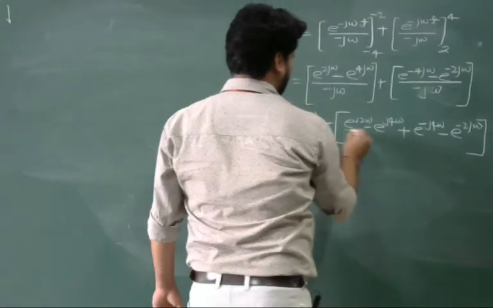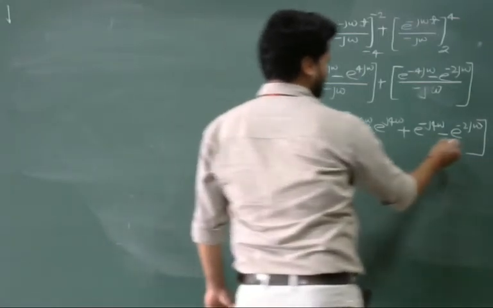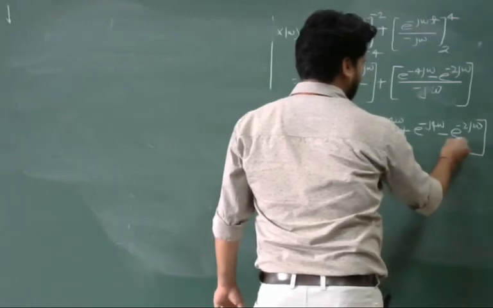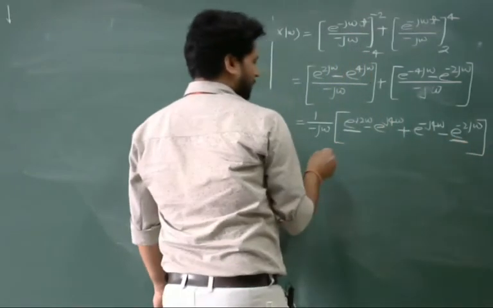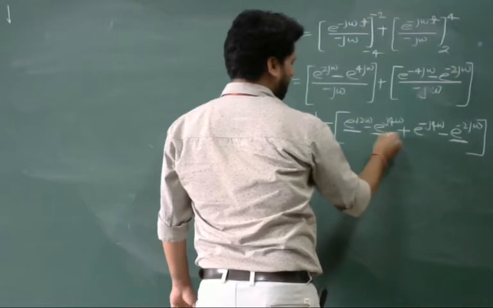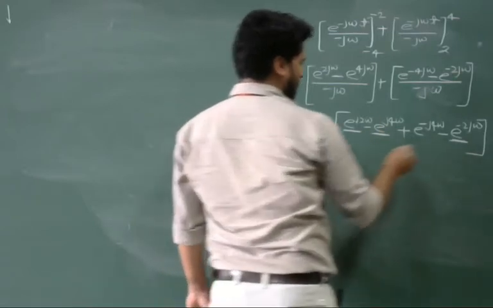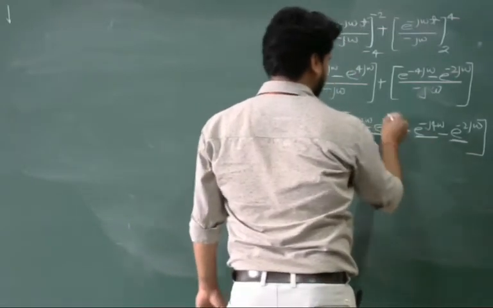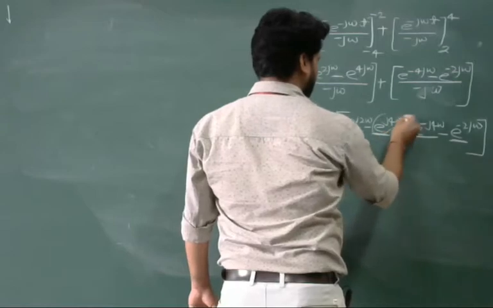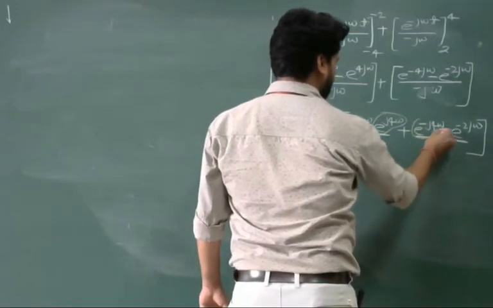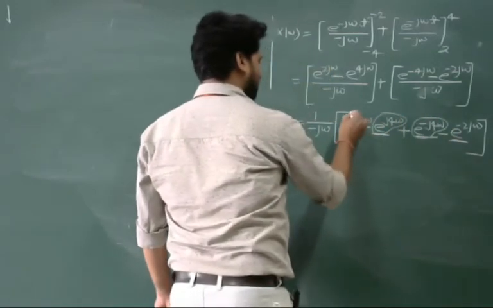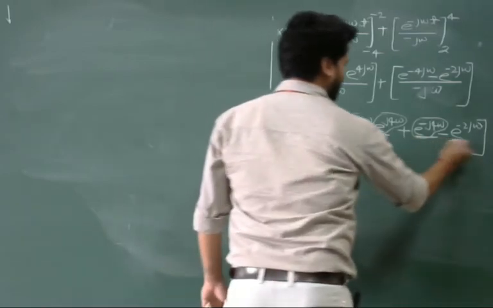So after combining these two terms, we can write this expression in the form of sine. Also here it is e power plus j4 omega and e power minus j4 omega. So we can combine these two terms together and these two terms together.